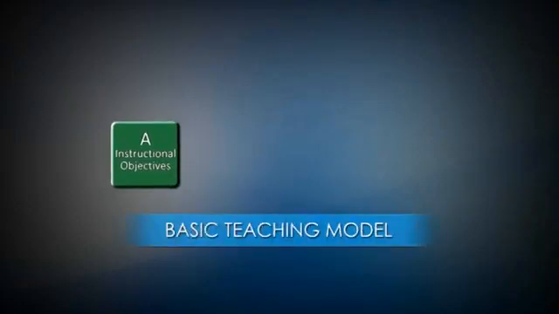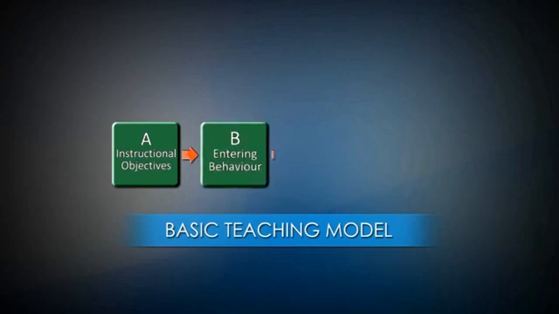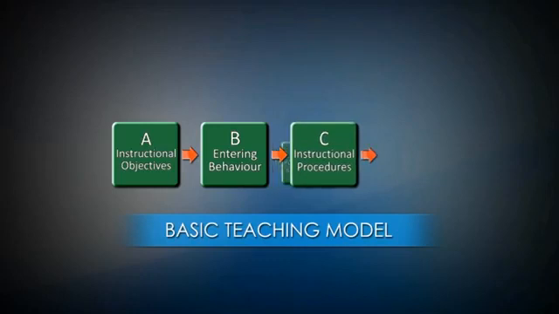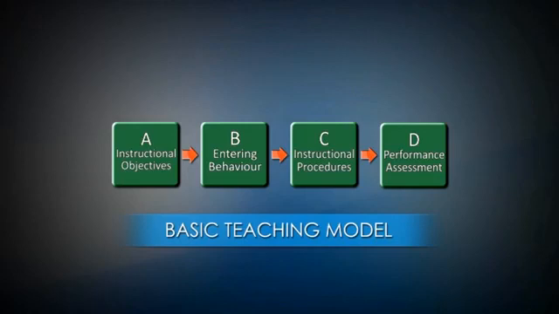The model is a stripped-down teaching model where the 4 components of the model represent the basic divisions with its connecting arrows that show only the major sequence of events in the instructional process. Therefore, it is known as the basic teaching model.